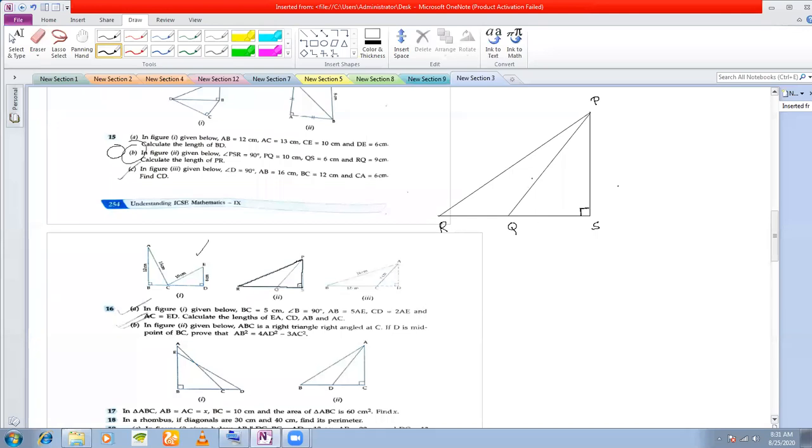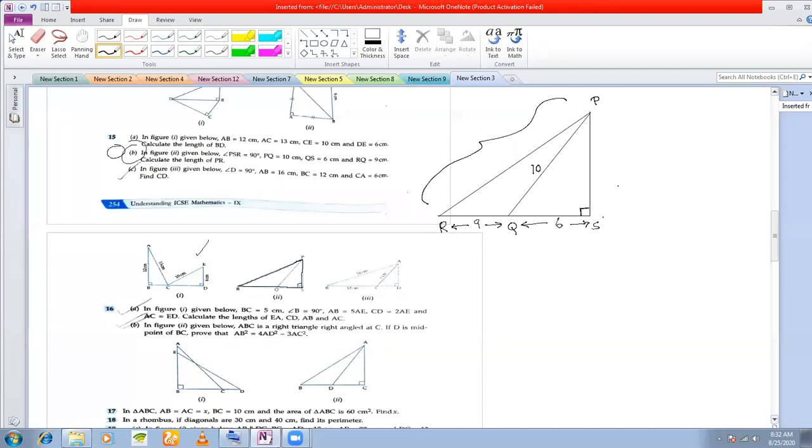Also given PQ is equal to 10 centimeters, so this is given to be 10 centimeters. QS is given to be 6 centimeters. RQ is given to be 9 centimeters. You need to calculate the length of PR, this side.